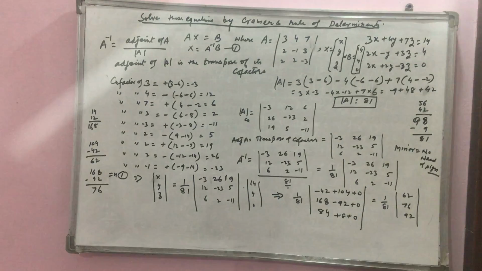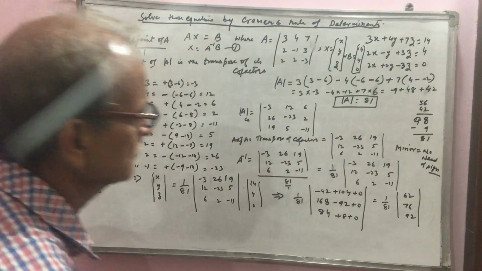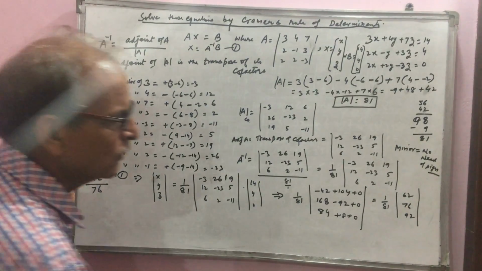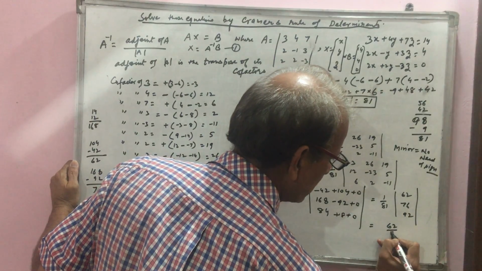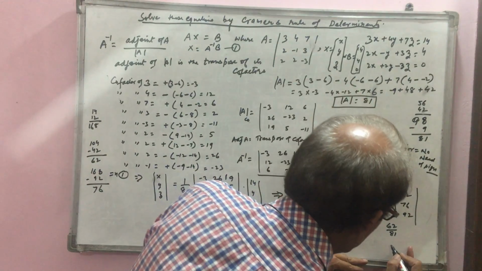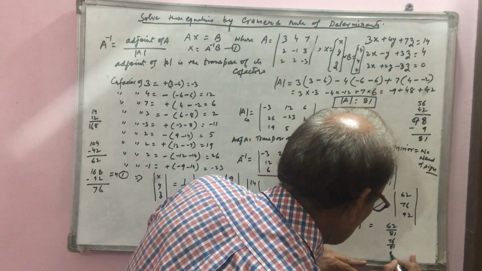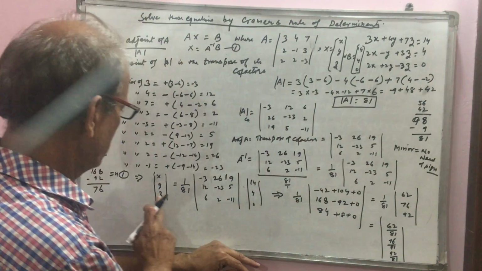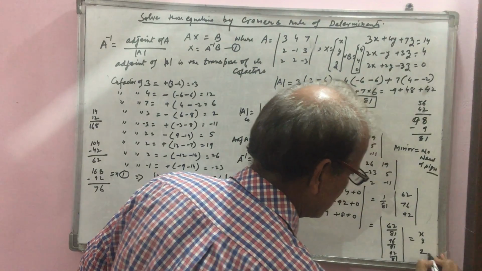So 1 over 81 times this. Divide by 81: the elements are 62 by 81, 76 by 81, and 92 by 81. So this is x, y, z.